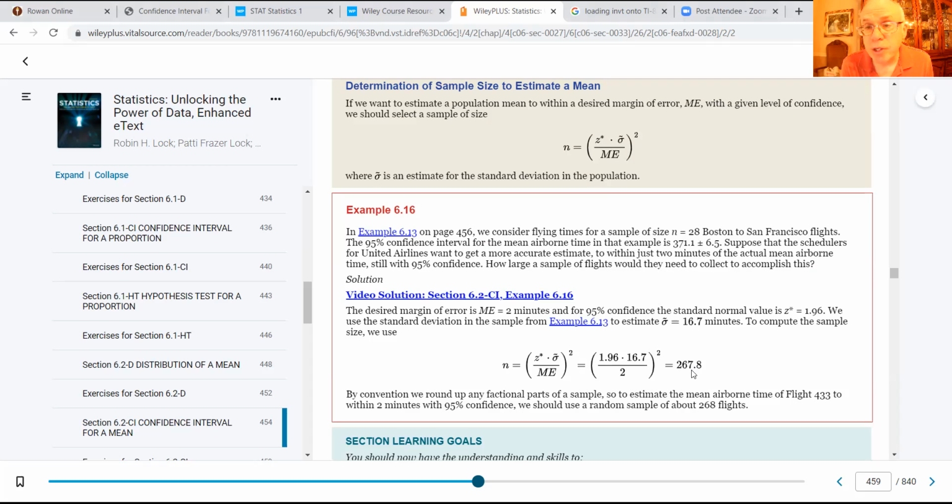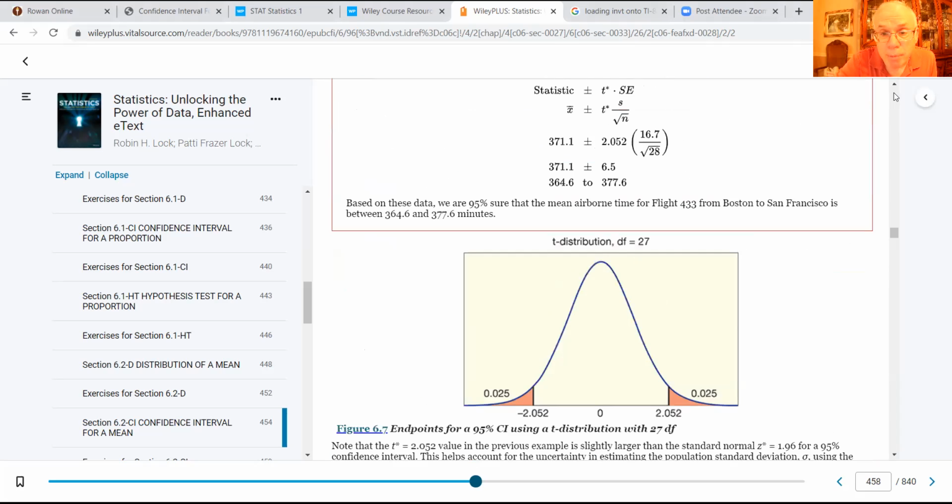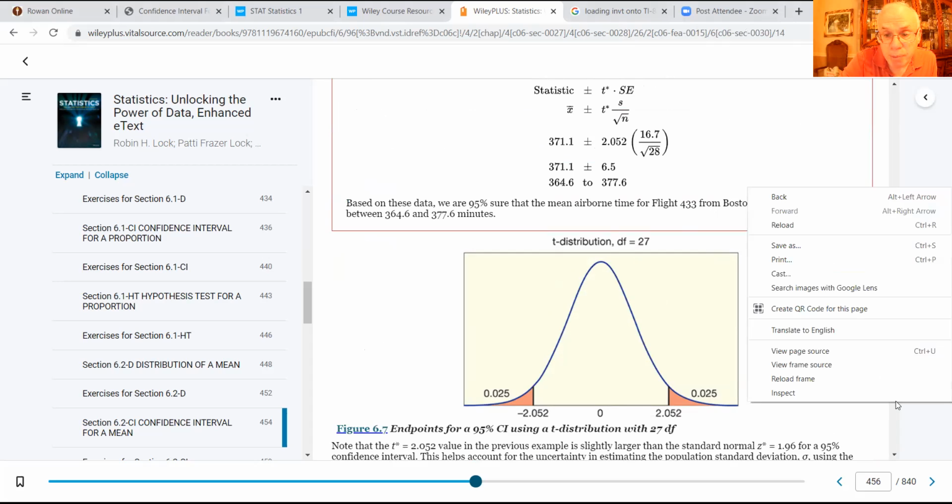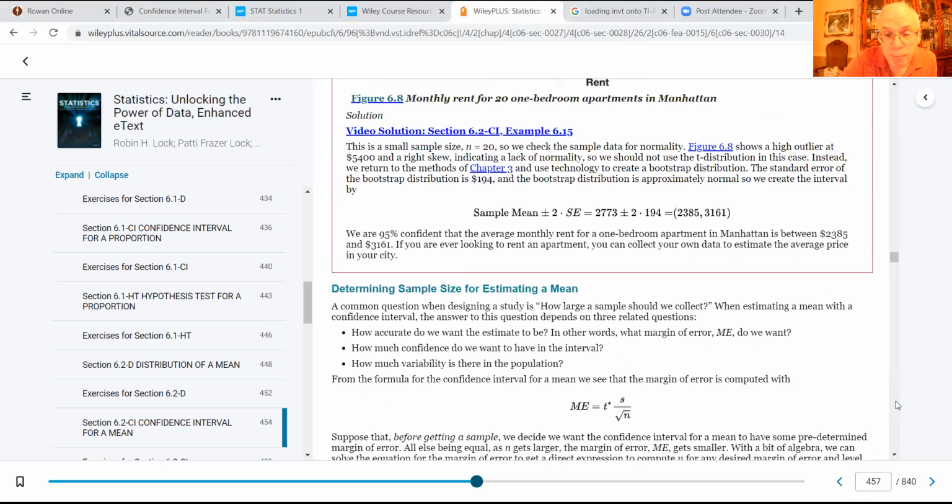Now remember, in the original study, there were only 28 flights. And notice the margin of error was 6.2. Excuse me, sorry, that's 6.5, right? If we go back and look at the previous problem where we calculated our margin of error, remember it was 6.5. That was with a sample size of 28.